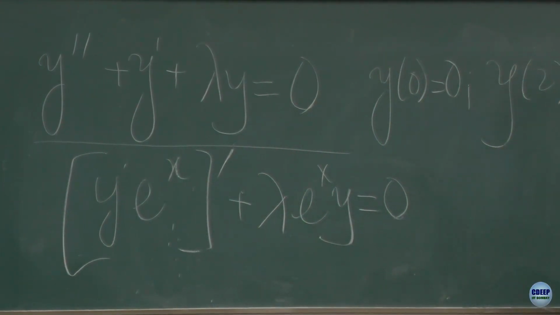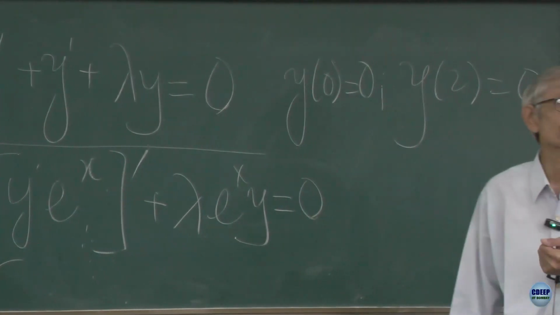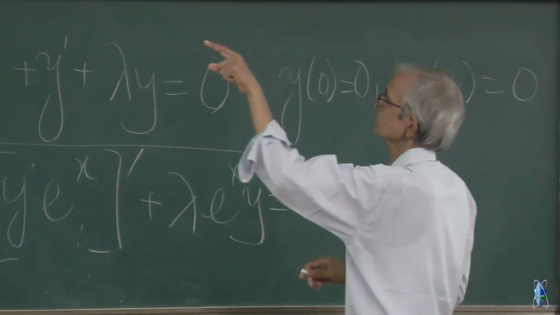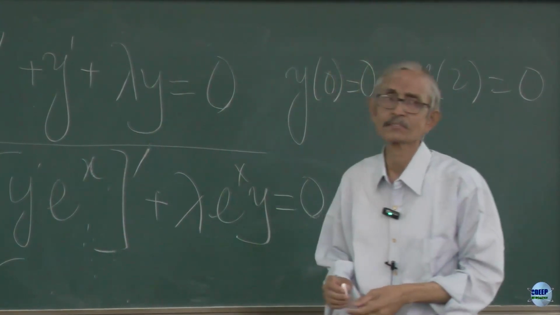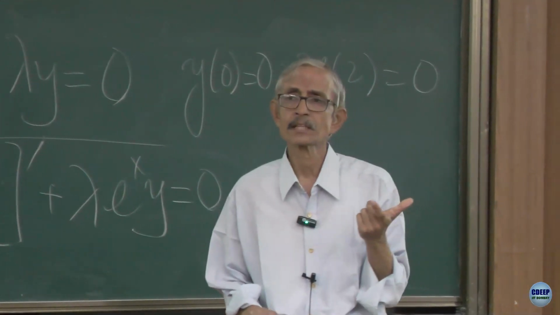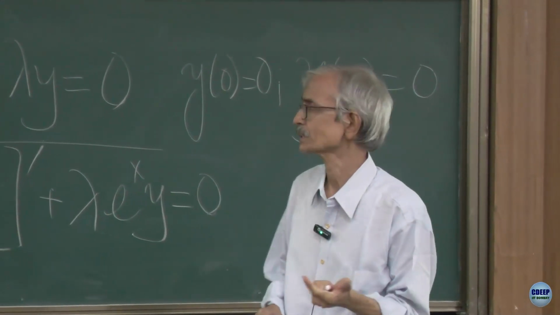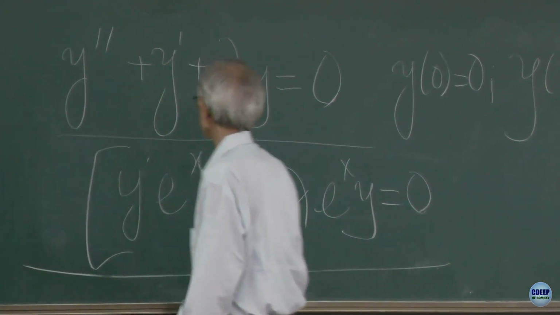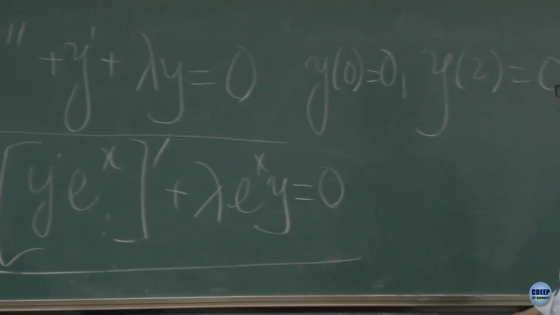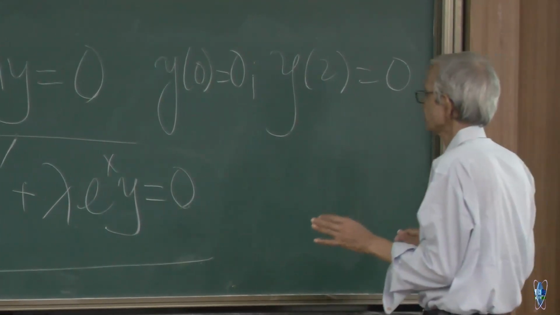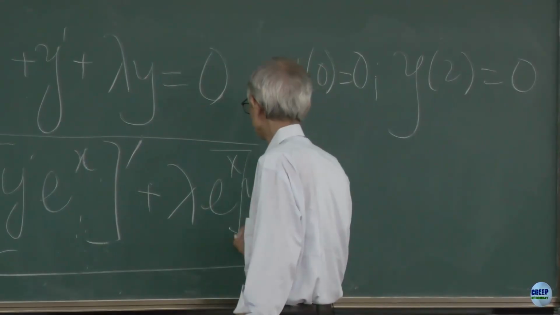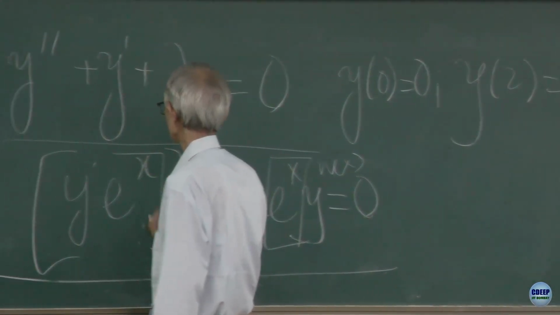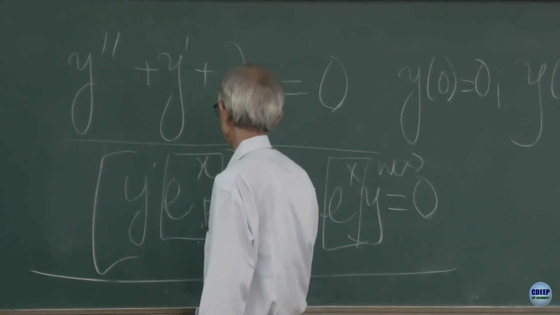So that's the form you get when you process that second order differential equation and put it into the Sturm-Liouville system form. Now you see that this is W of x, and this is my P of x.